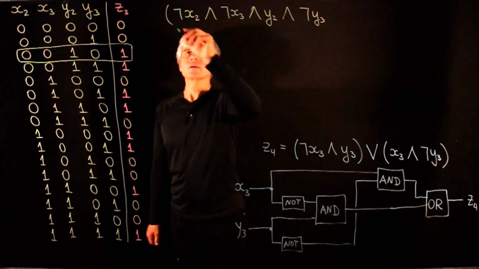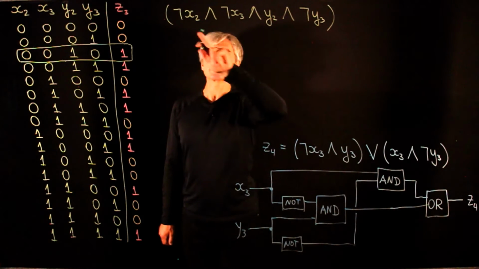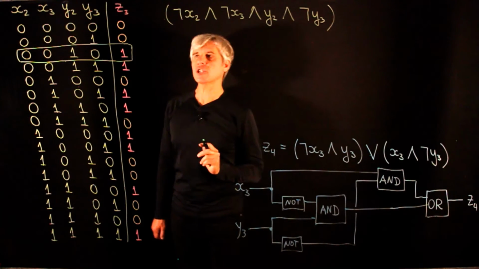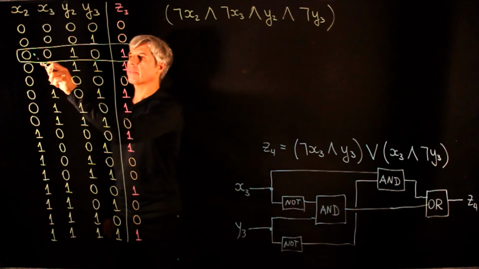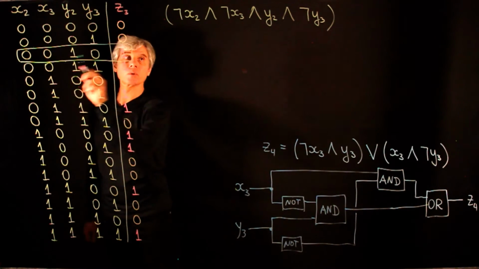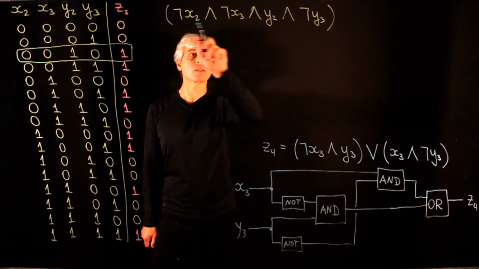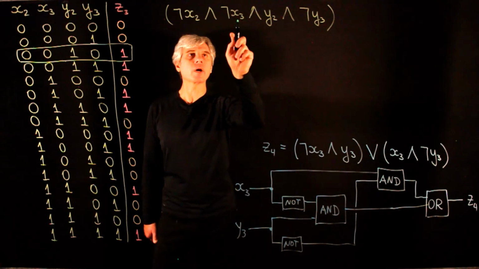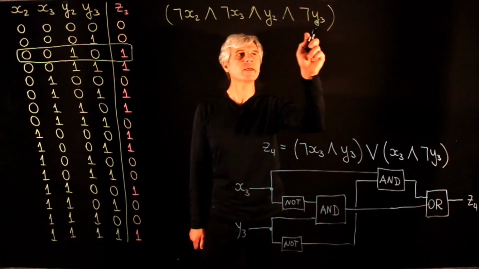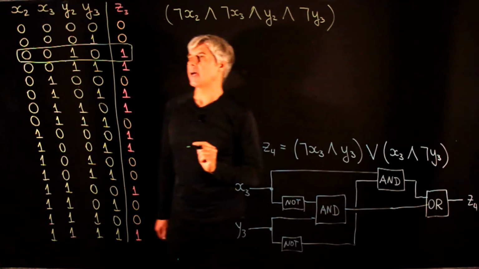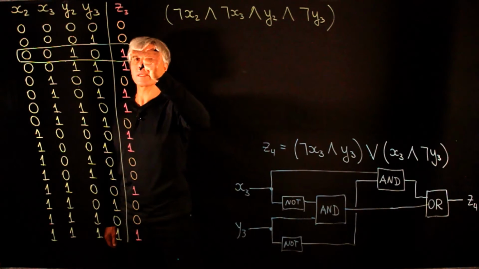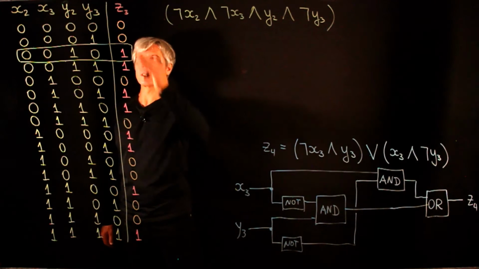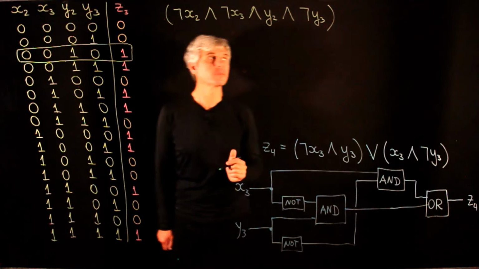Right? So we can see that this expression will have value 1 precisely on this input, right? So this can only be 1 when x2 is 0, x3 is 0, y2 is 1, and y3 is 0. And so this expression will generate value 1 in this line of the value table and zeros elsewhere.